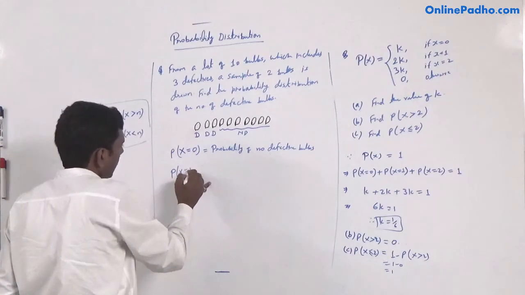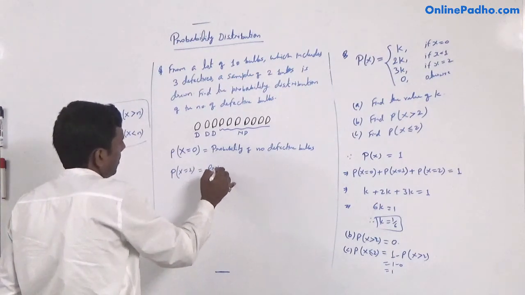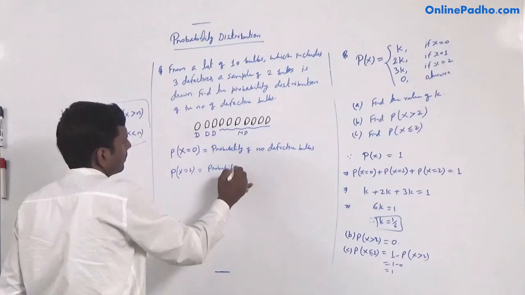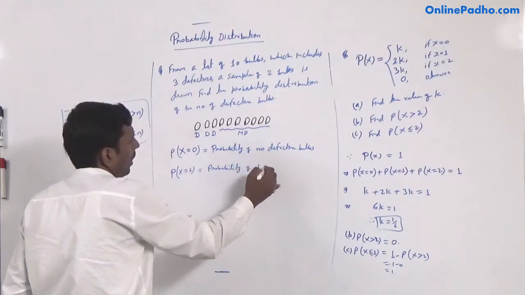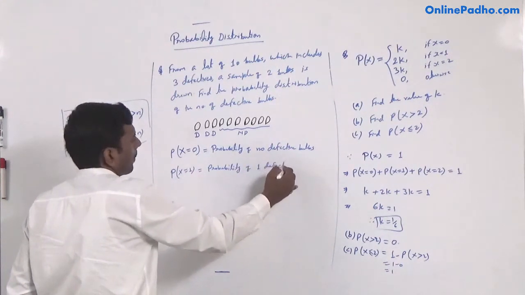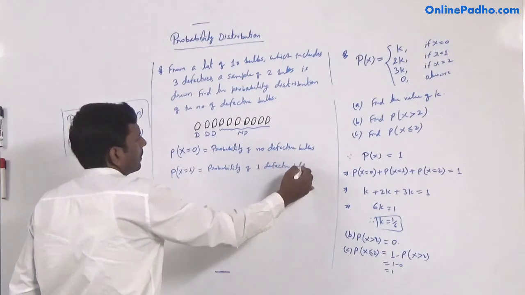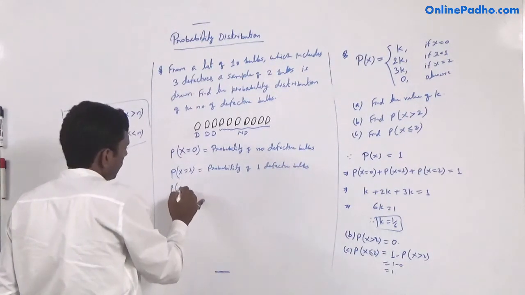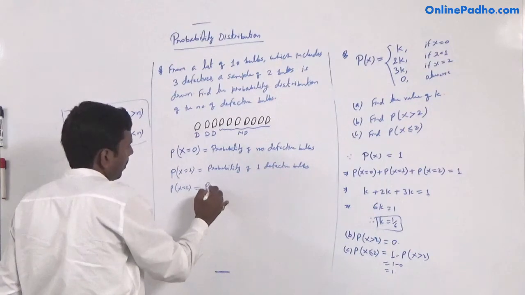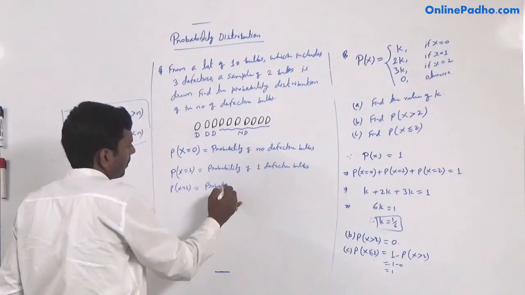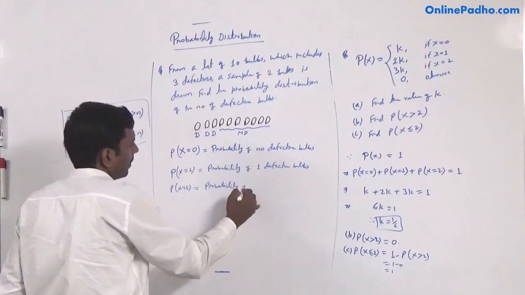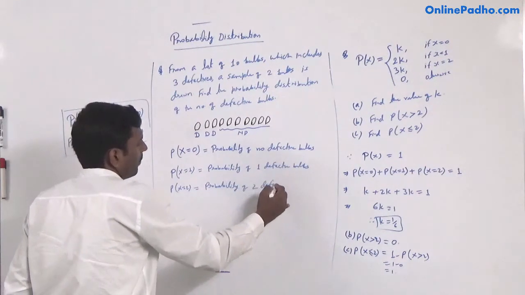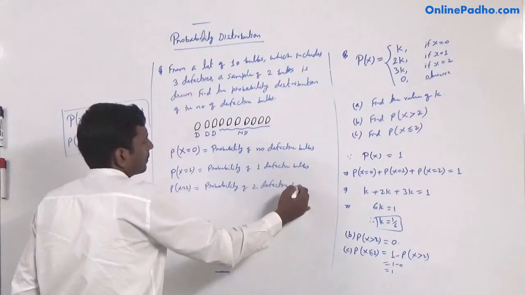P(x=1) means probability of 1 defective bulb, and probability of x equal to 2 can be written as probability of 2 defective bulbs.